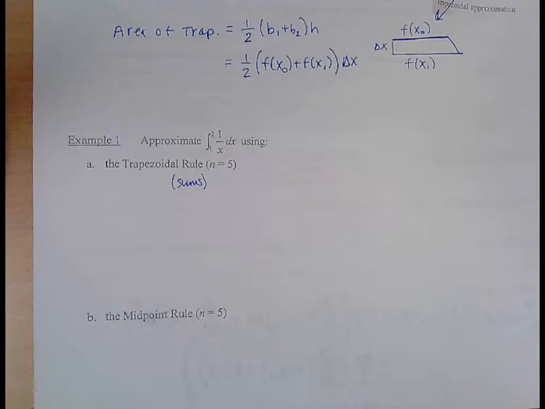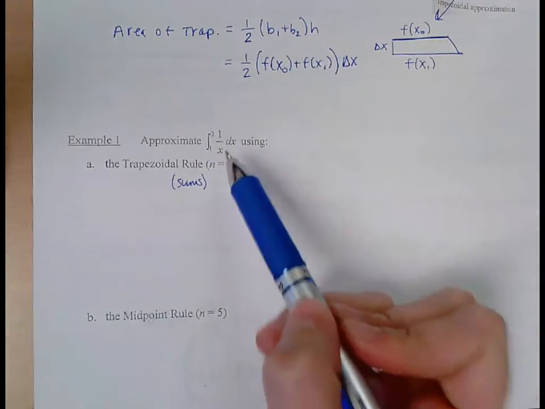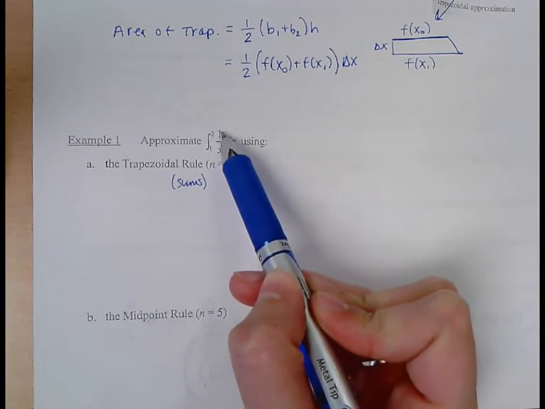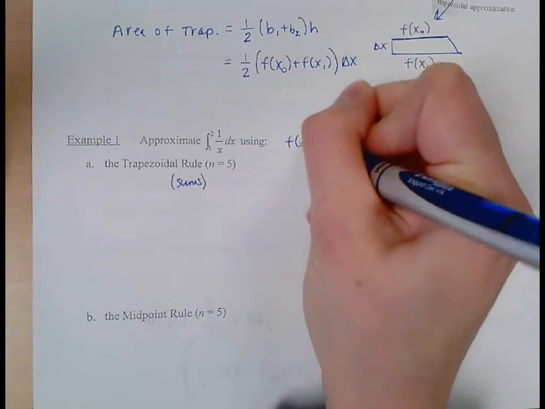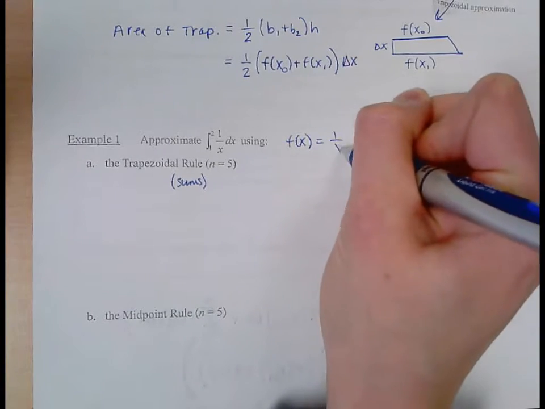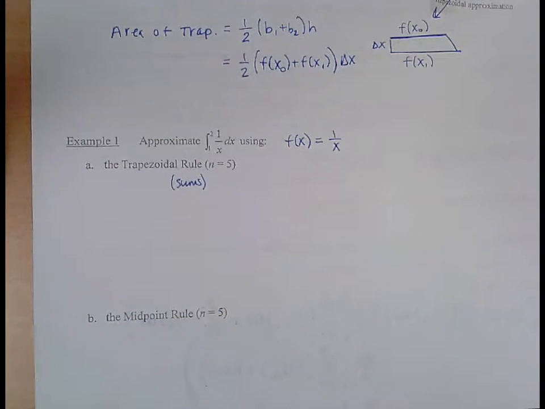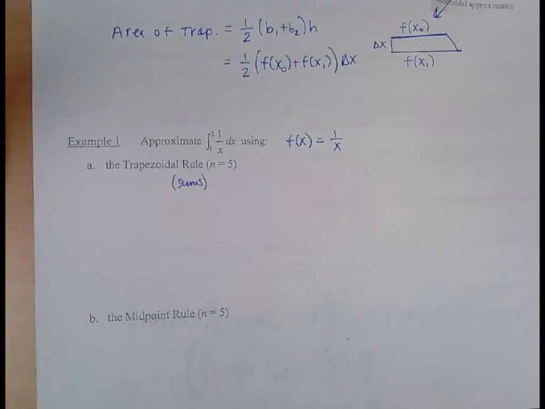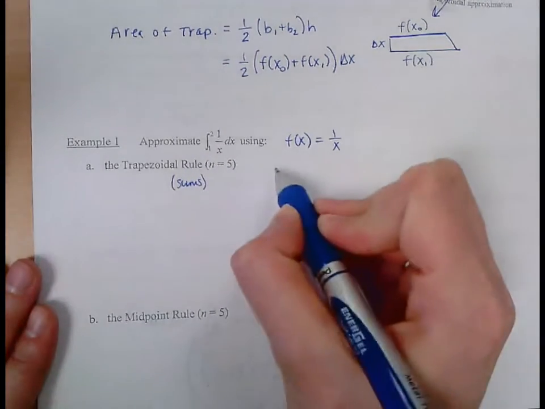Okay, first step: we are approximating the integral from 1 to 2, and here's our function. f of x is 1 over x, and we're given n is 5. So still start out by finding your delta x, the width of each trapezoid, or rather the height if you lay it sideways like this.